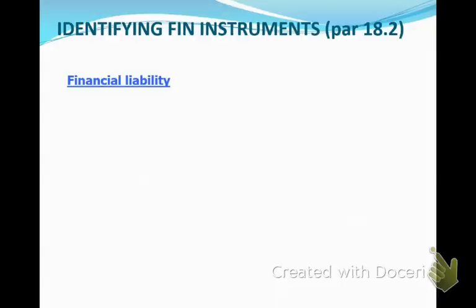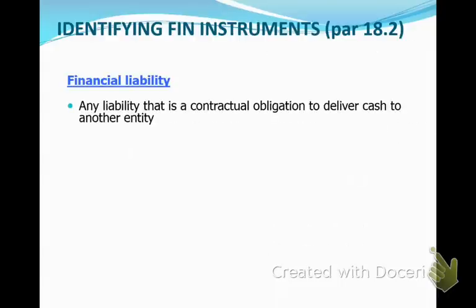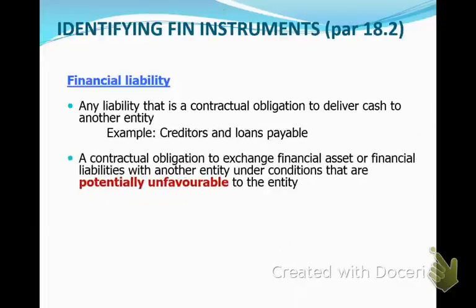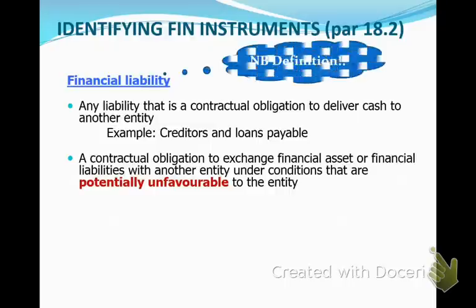A financial liability: any liability that is a contractual obligation to deliver cash to another entity, your loans and your creditors payable, or a contractual obligation to exchange financial assets or financial liabilities with another entity under conditions that are potentially unfavorable to the entity.